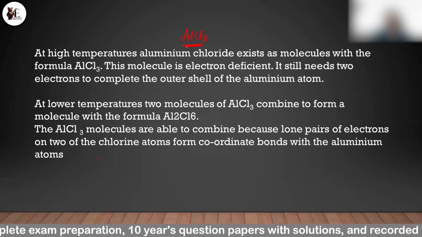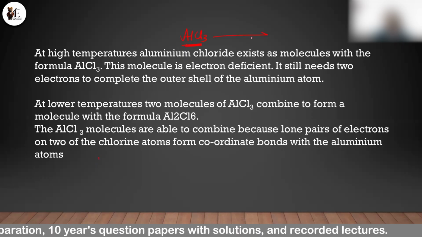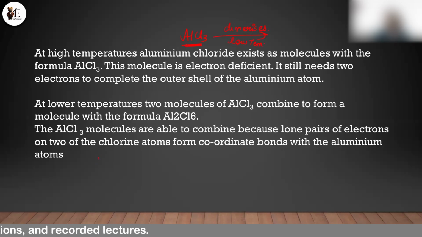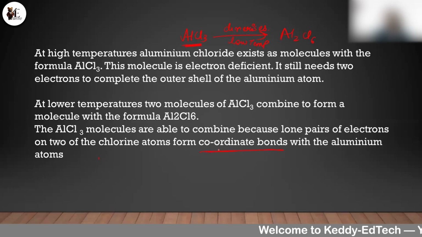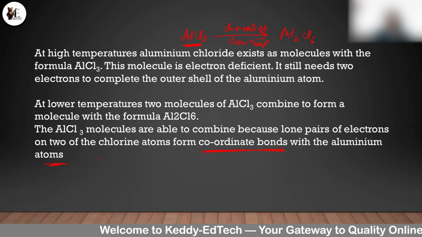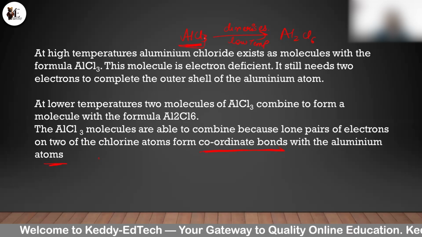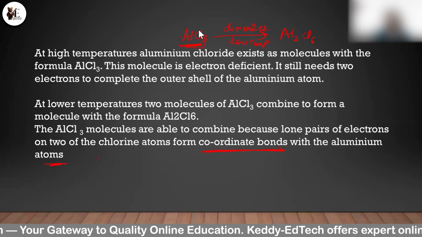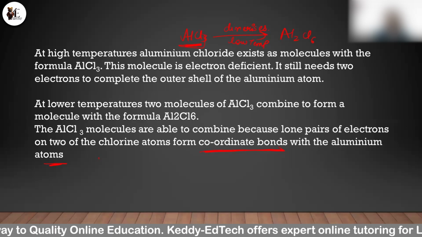But at high temperature, what happens? Sorry, at low temperature, it dimerizes and forms two molecules of AlCl3 to form Al2Cl6. Why do they combine? Because the lone pair of electrons on two of the chlorine atoms form coordinate bonds. So you have to make the coordinate bonds and show the coordinate covalent bonding in this particular molecule. So take a screenshot of this for your assistance. You have to try it as your homework, and if there's any doubt, you can ask me in the next session. Done?